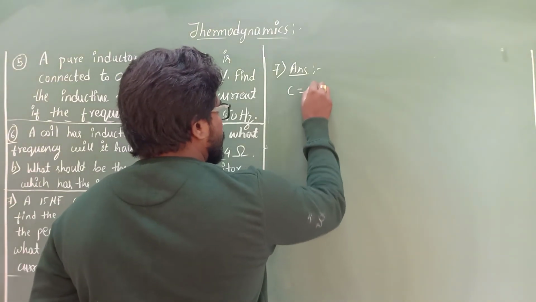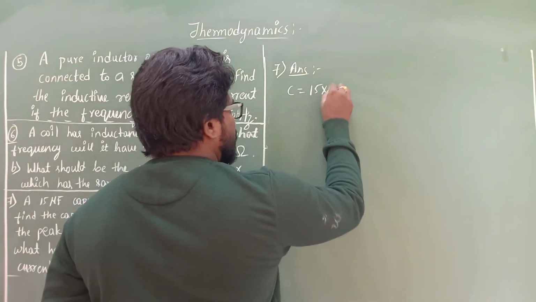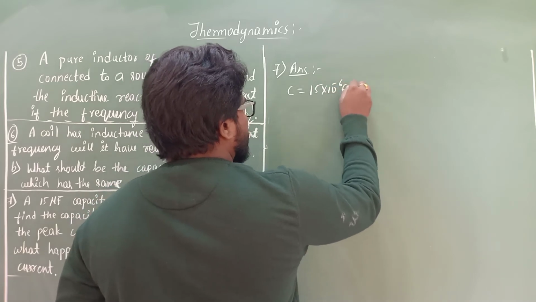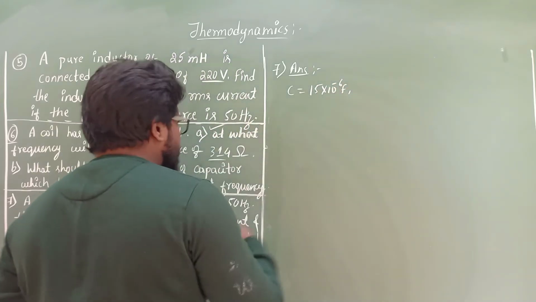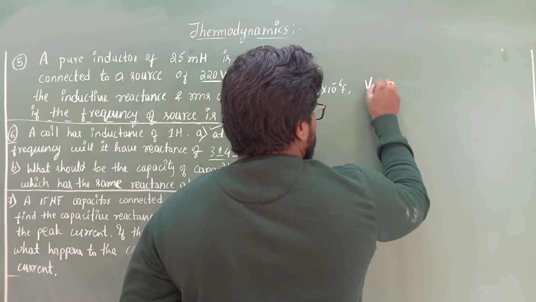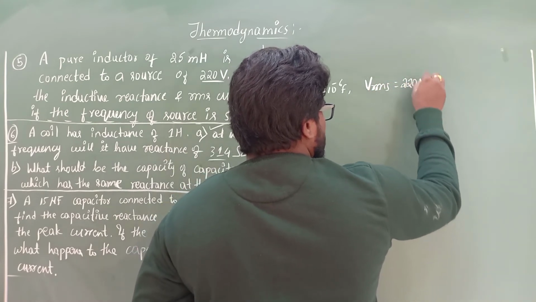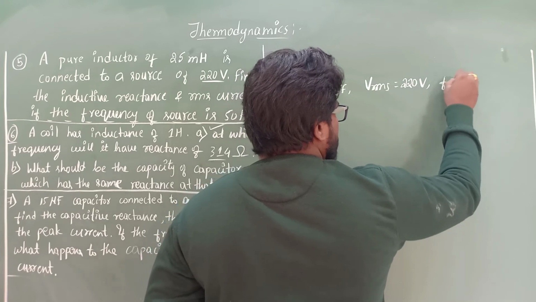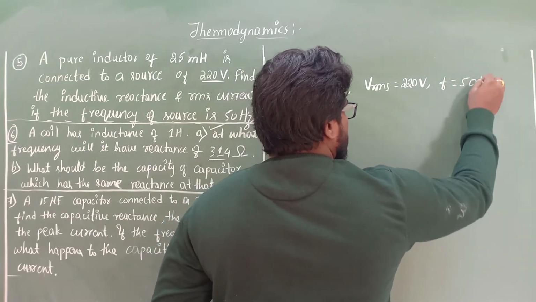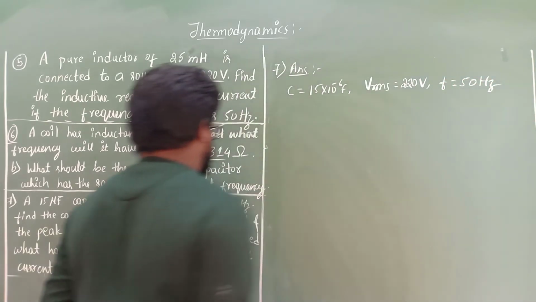So C is equal to 15 micro, which means 10 power minus 6 farad. The VRMS value given is 220 volt, and f is equal to 50 hertz.